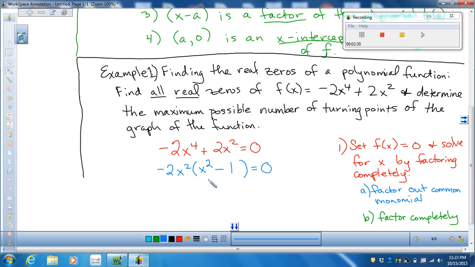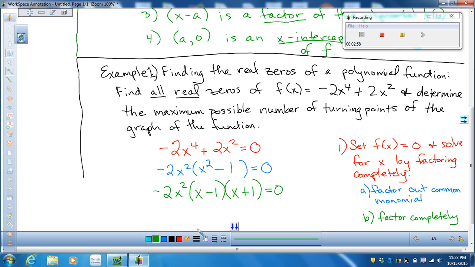Once I have factored that out, now I can finish factoring completely. The binomial x squared minus 1 is equal to x minus 1 times x plus 1. So the equation factored completely is negative 2x squared times x minus 1 times x plus 1.